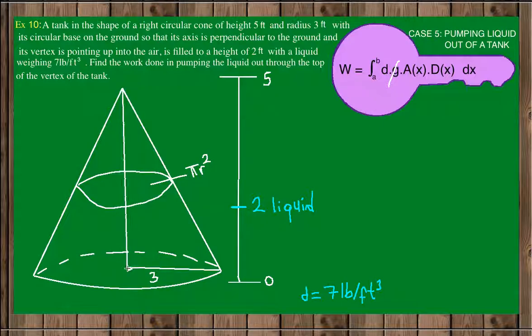So we can connect the perpendicular height to the radius and make a small triangle here, and we can use triangle similarity. Using this triangle similarity, big height over big radius equals small height over small radius.